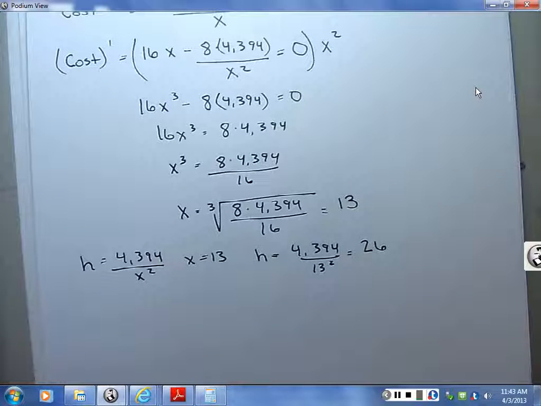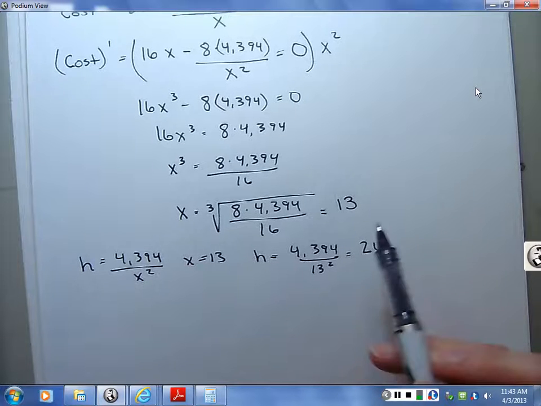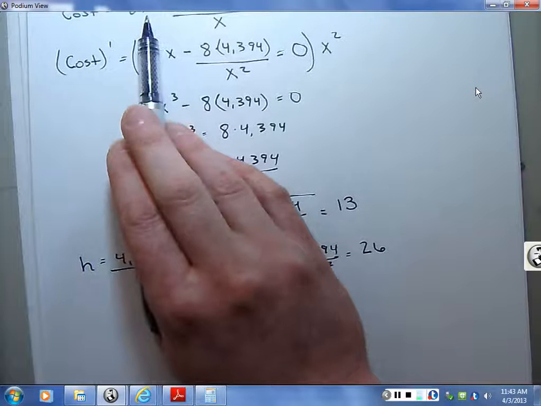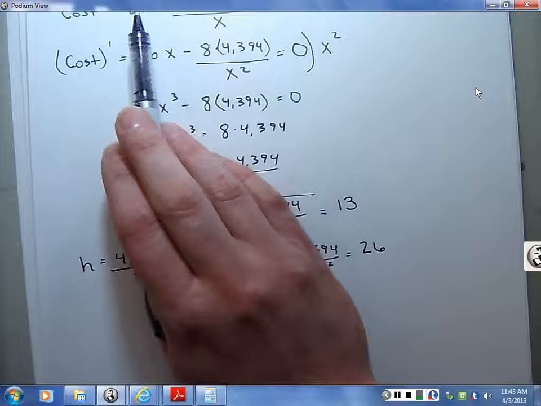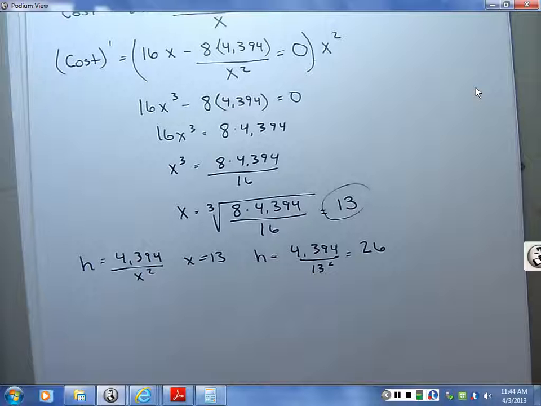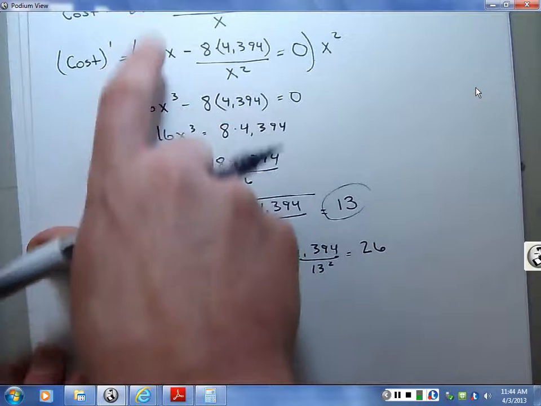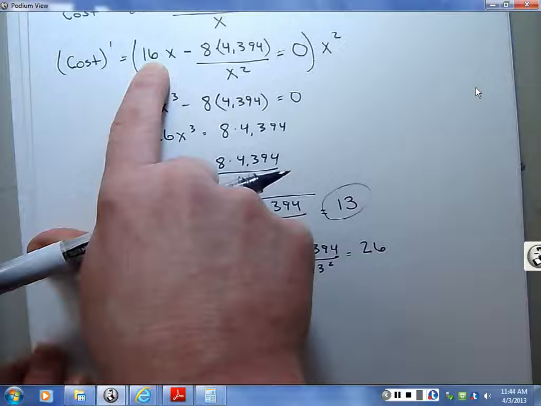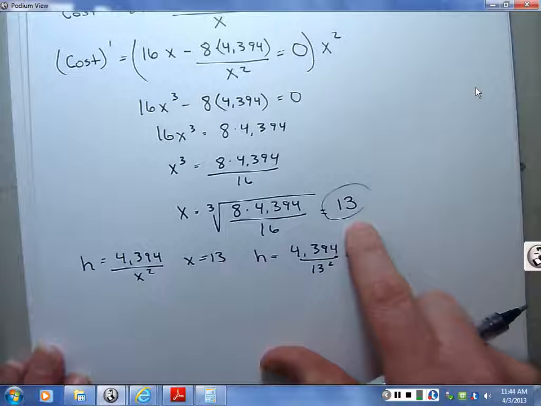You can't always assume that. So yeah, you could say this is a minimum because graphing this function, it's a quadratic that opens up. You could also do the second derivative test at 13 to see that it's concave up. If I take the derivative of this again and plug in 13, it's positive.